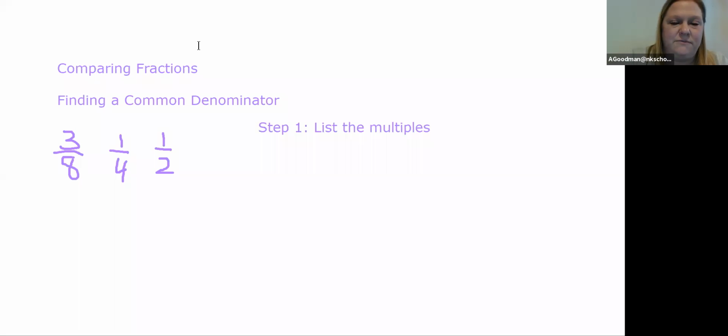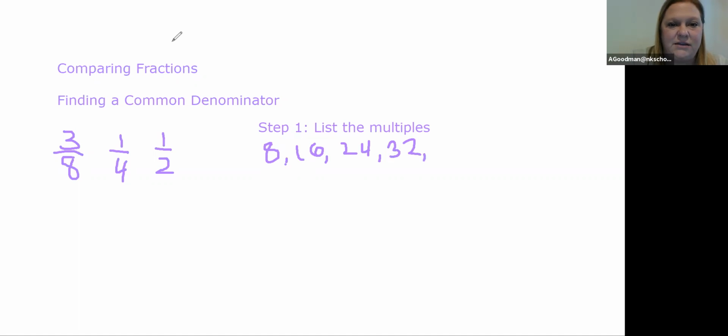So if we're listing the multiples of 8 are 8, 16, 24, 32. All right. And again, you have to bear with me. I'm just learning how to use this.